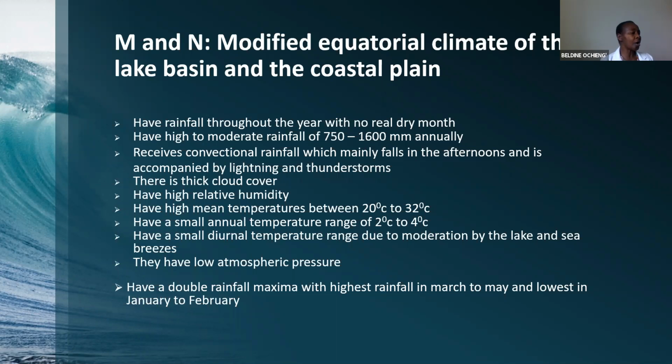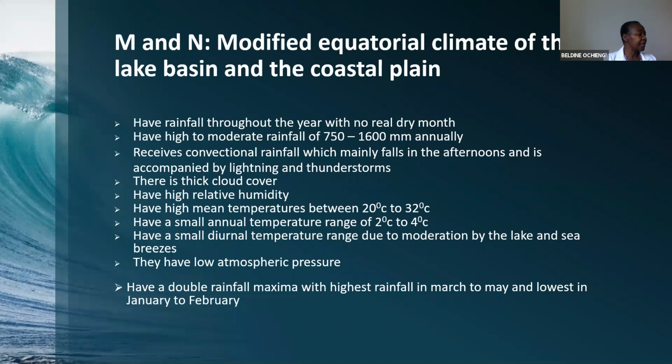Have a small annual temperature range of 2 to 4 degrees. When you go for the highest, maybe in January or whichever month, and lowest, you'll have a difference of between 2 and 4 degrees, and that gives us just a small annual temperature range in our modified equatorial climate of the lake basin and the coastal plain.